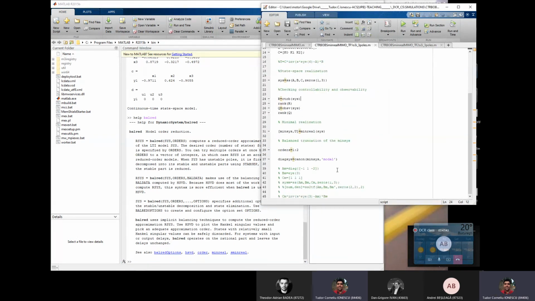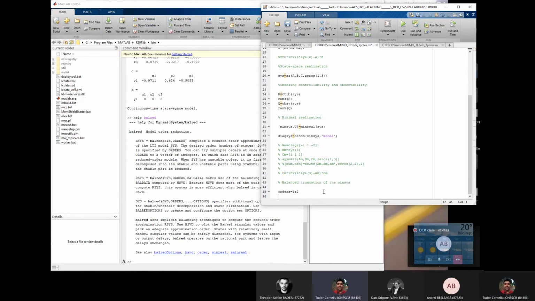This has to go at the end of this file. And now let's see, RSys, just like they call it, is balred of min sys and orders.